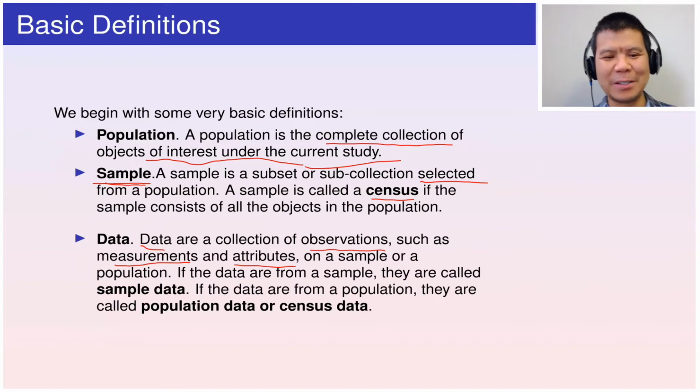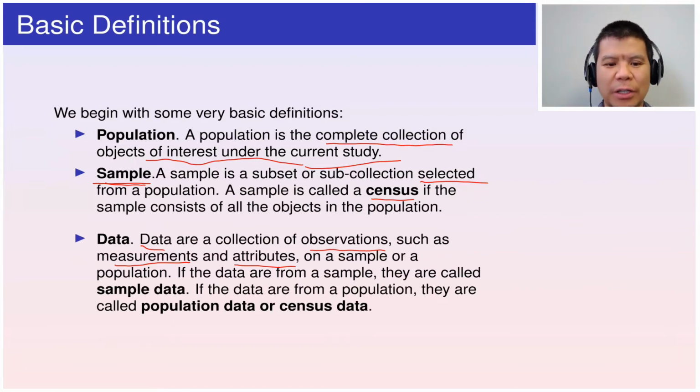We're going to talk about these concepts later on. Just remember, data are a collection of observations, such as measurements and attributes. It can be on a sample or a population.